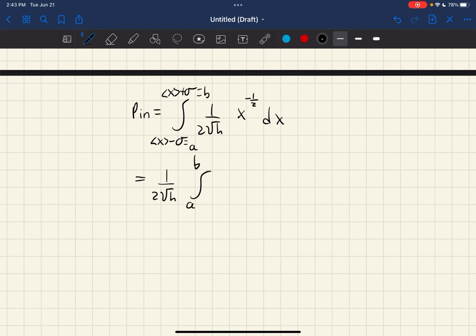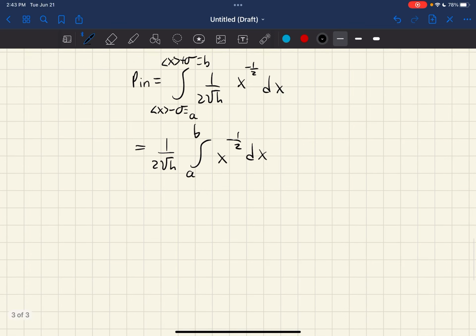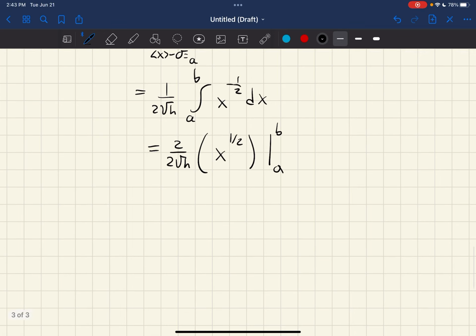So we have from a to b of x to the minus 1/2 dx, and this is a simple enough integral. It's just equal to 2 over 2 root h times x to the 1/2 evaluated from a to b. And so the 2's cancel, and you're left with 1 over root h, and you'll get b to the 1/2 minus a to the 1/2.